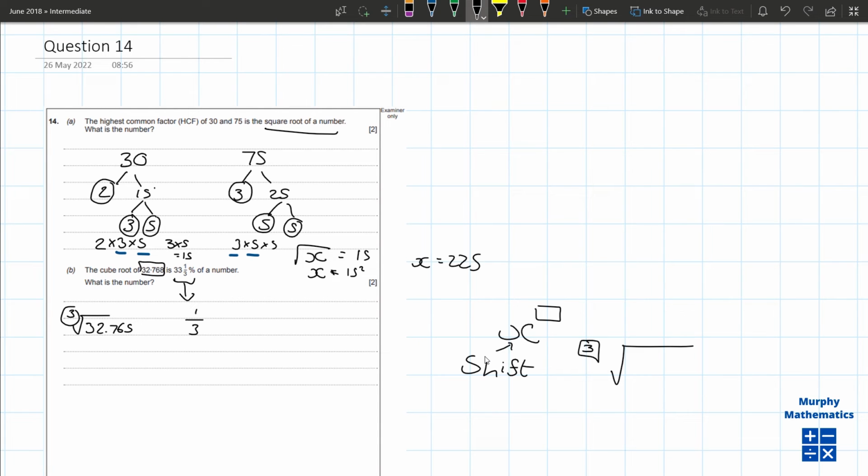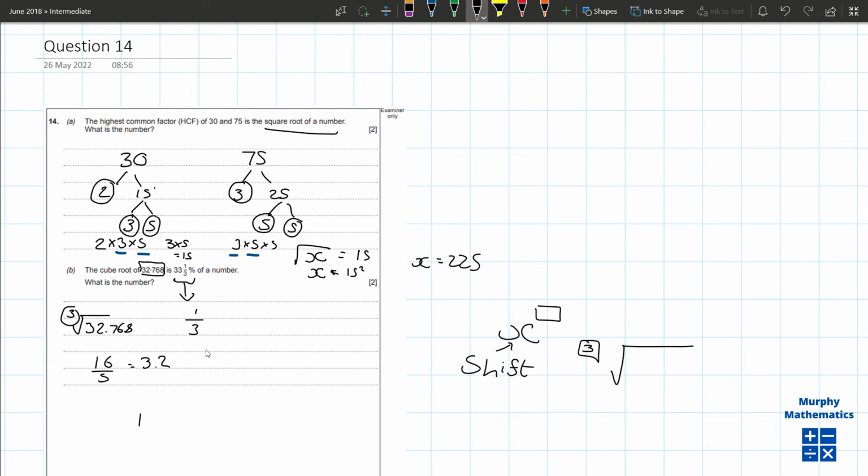Okay, so 32.768, and that's 16/5, which equals 3.2. So the cube root of 32.768 is 3.2.